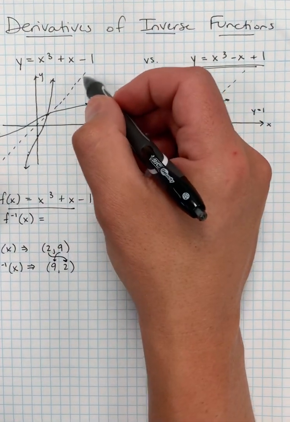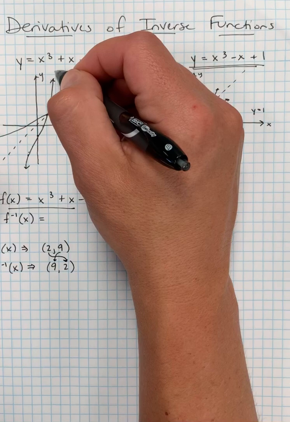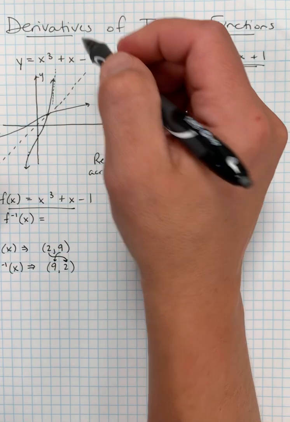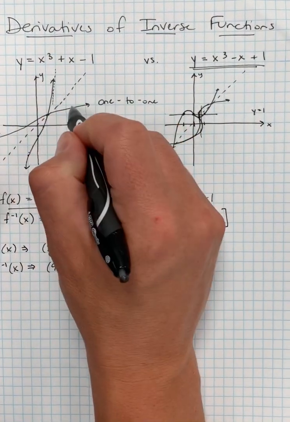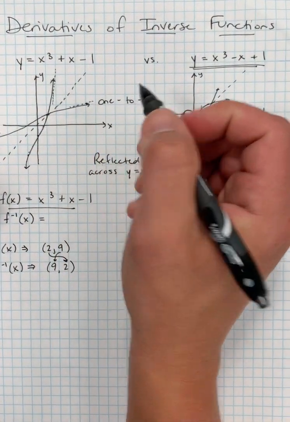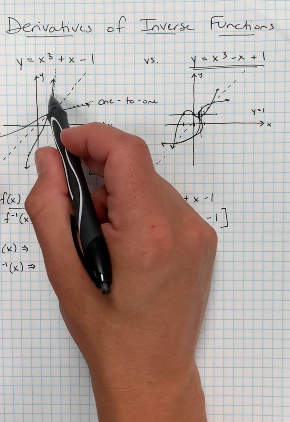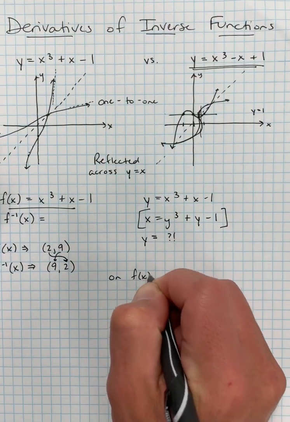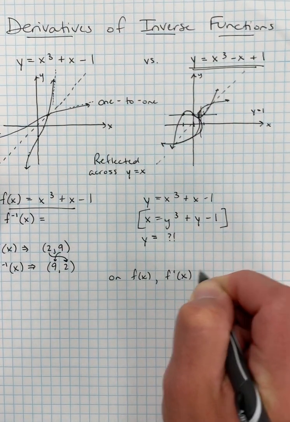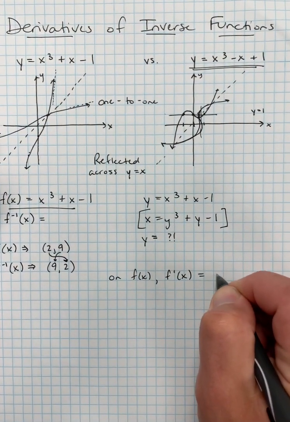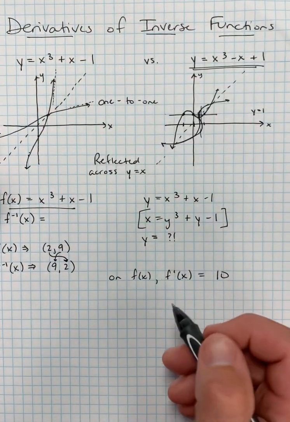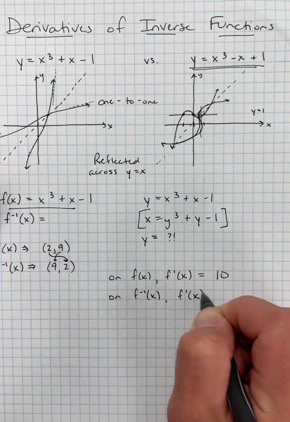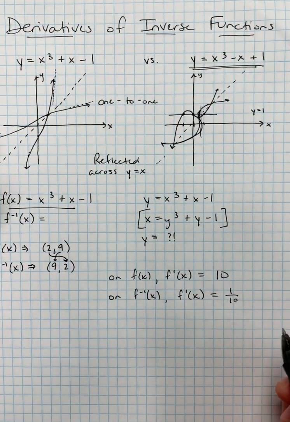The second piece that we can use to our advantage is this: if we know that the slope of the tangent line looks one way on f, and we're reflecting that across the line y equals x, we actually end up with a reciprocal slope relationship between f and f inverse. In other words, if on f of x, f prime was equal to, say, 10, maybe it's a really steep tangent line, on f inverse, we have an f prime equal to 1/10.